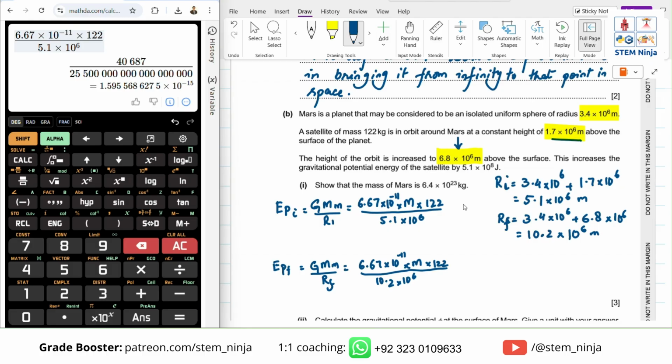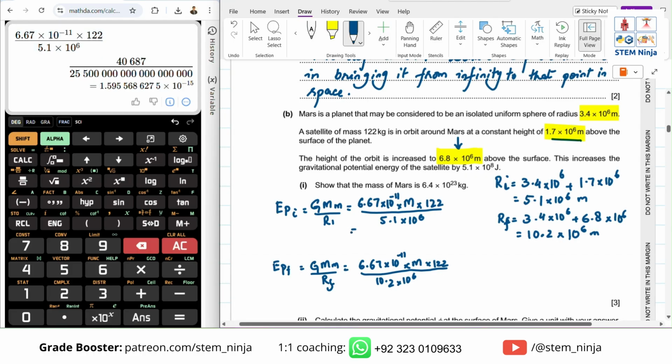So we get this value, 1.5956 × 10^-15 joules.